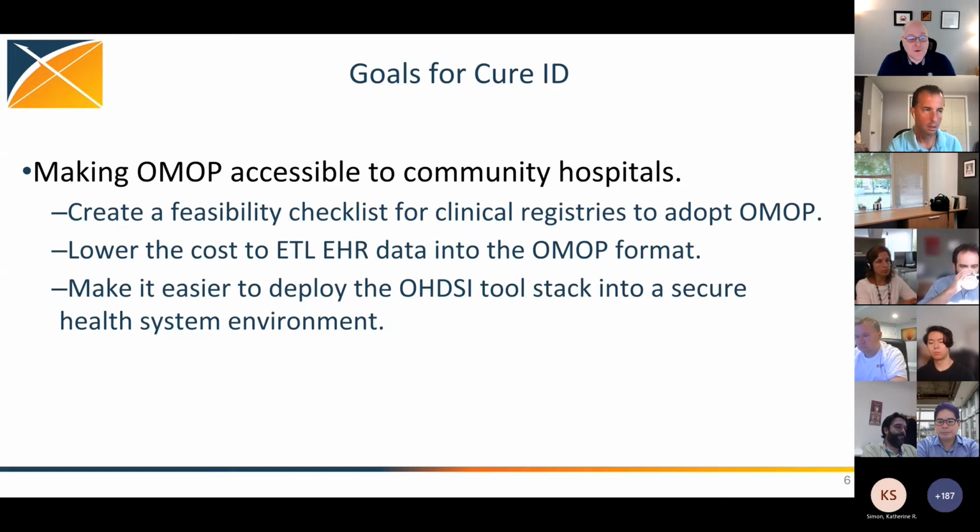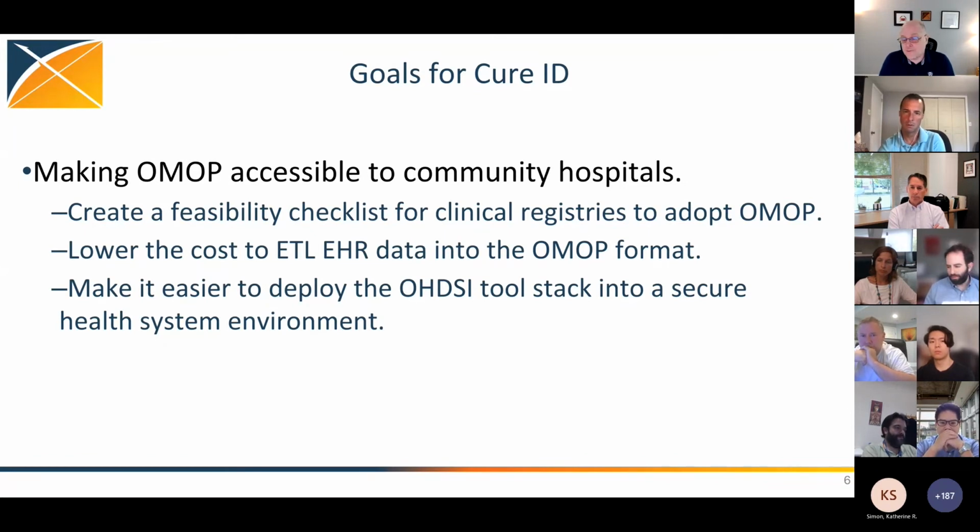And then, can we also make it easier to deploy the OHDSI tool stack into a secure health system environment? So often when I start working with health systems, I find they've deployed OMOP and they've converted their data to OMOP for a registry like NIH All of Us or the N3C, and yet they're not using Atlas, they're not using DQD, they're not getting what I consider some of the major value that they can get out of OHDSI because they're not able to deploy the tool stack.